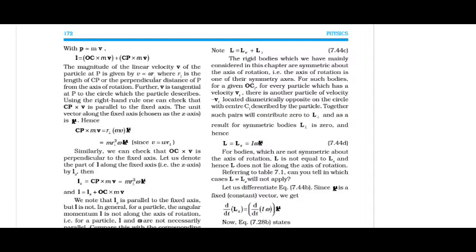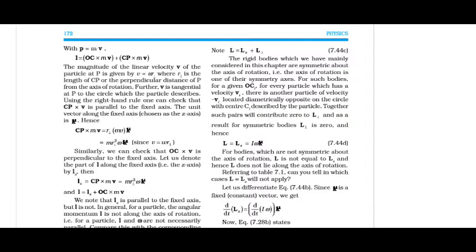Let us differentiate equation 7.44b. Since lambda is a fixed constant vector, we get dLz by dt is equal to d(I omega) upon dt lambda.